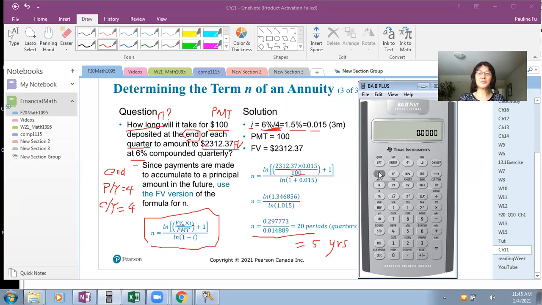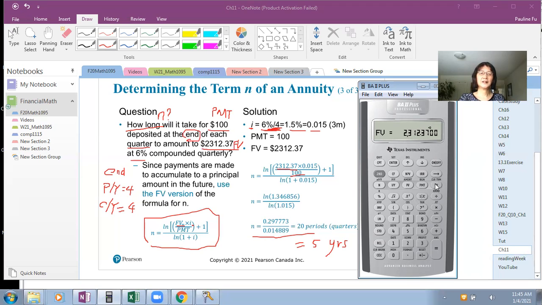Then you set up PY: second, PY equal to 4, type in number 4, enter, down arrow key, CY is 4, enter, second, quit. Okay, and now you enter the numbers. 100 is negative PMT, $2,312.37. That is FV.